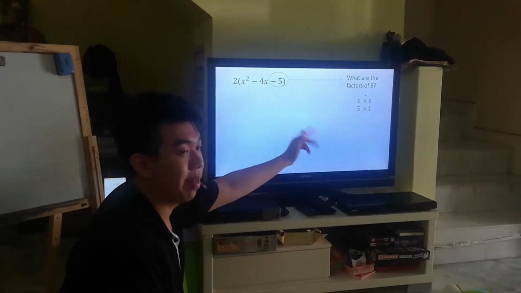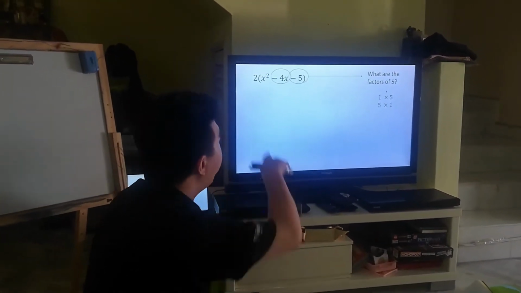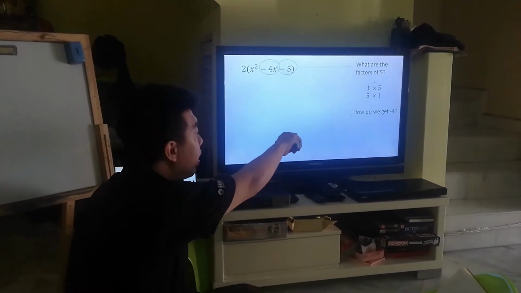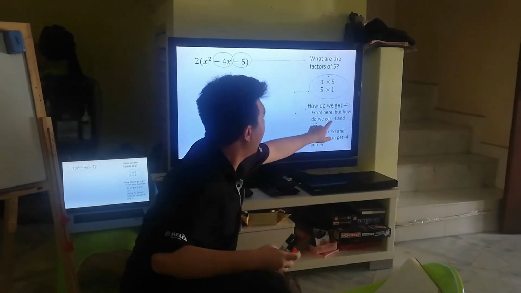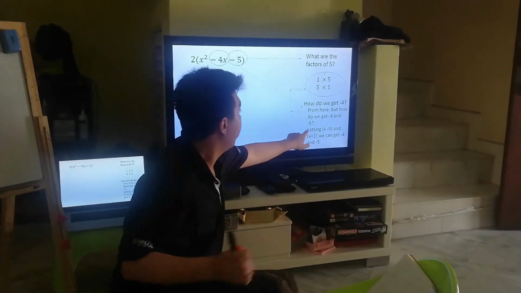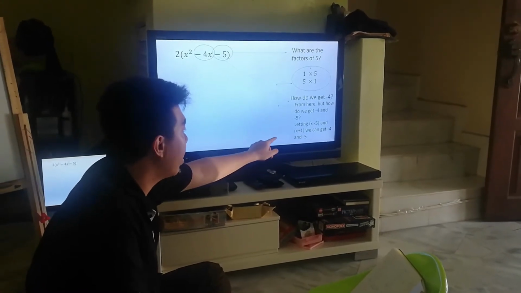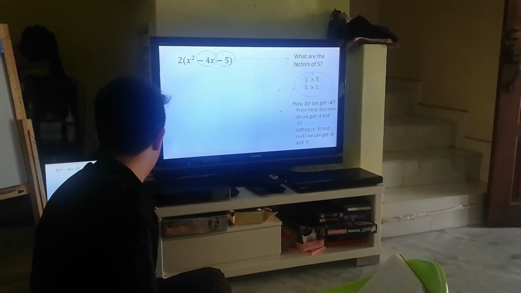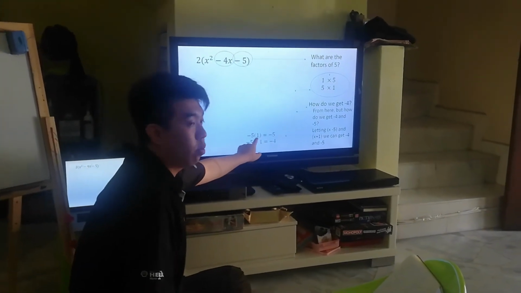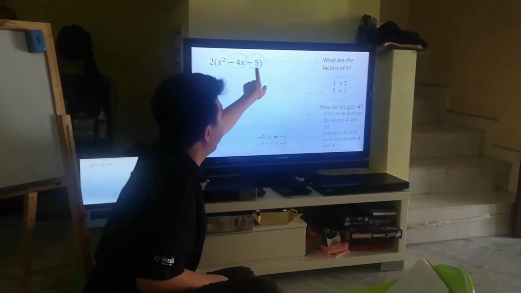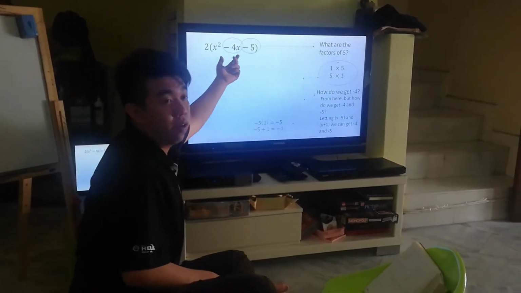It's 1 times 5 and 5 times 1. How about negative 4? How do we get negative 4 and negative 5? Letting x minus 5 and x plus 1, we can get negative 4 and negative 5. See? Negative 5 times 1, you get negative 5. Negative 5 plus 1, you get negative 4.